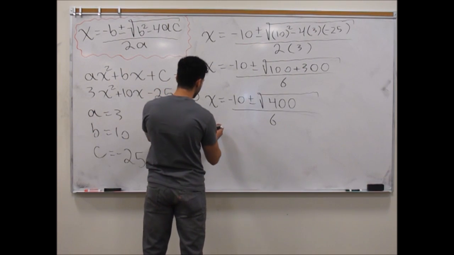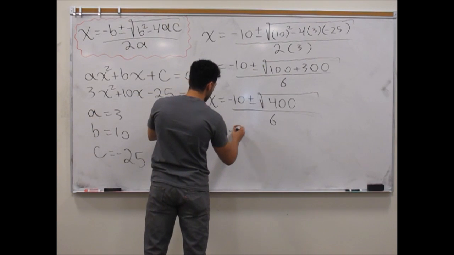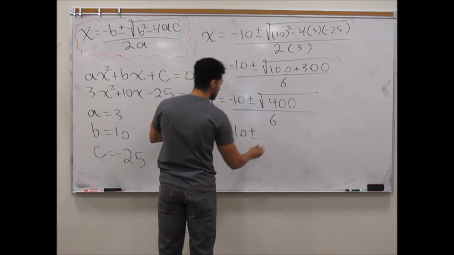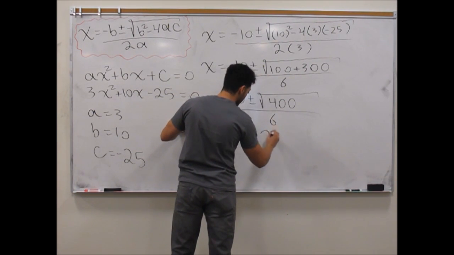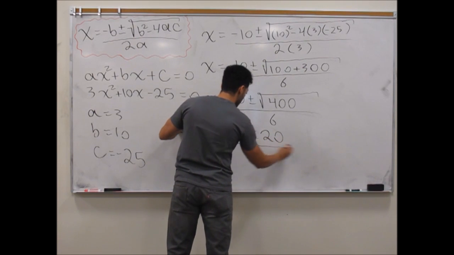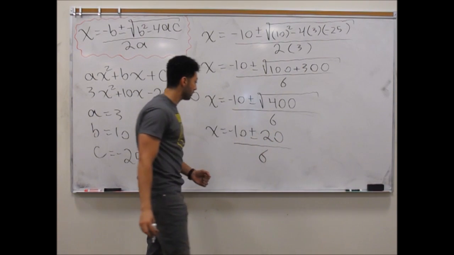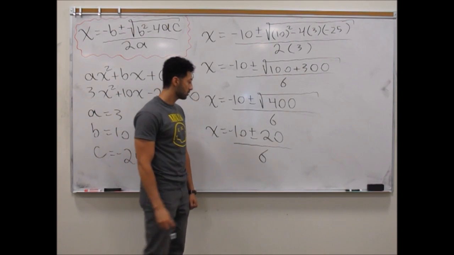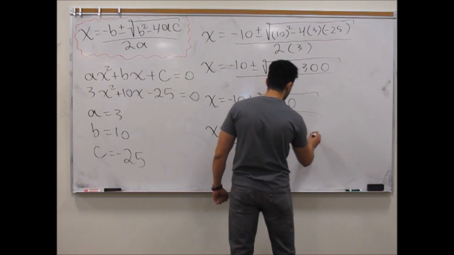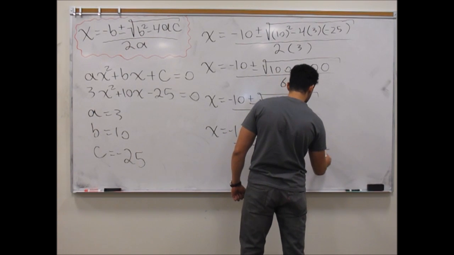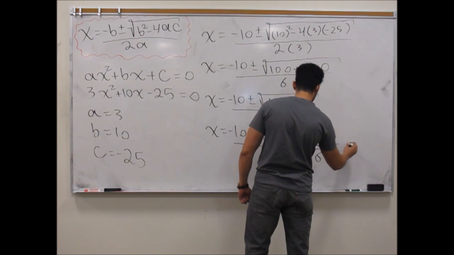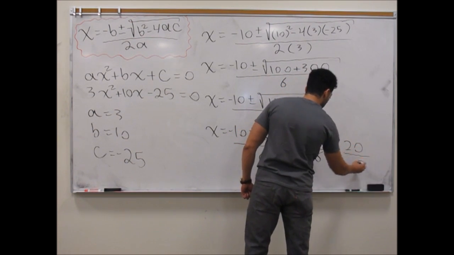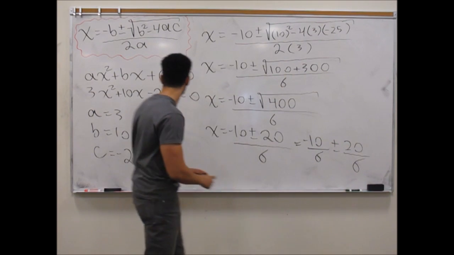So x is equal to negative 10 plus or minus the square root of 400 is perfect, so it's 20 all over 6. So this is the point where you could do the LCD if you want. So let's go ahead and do that. We get negative 10 over 6 plus or minus 20 over 6, right?